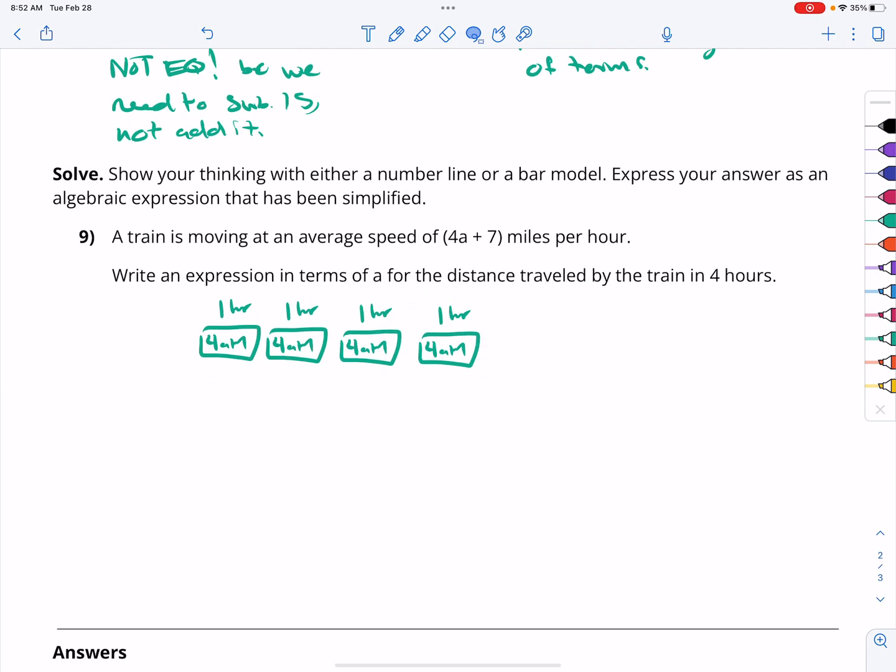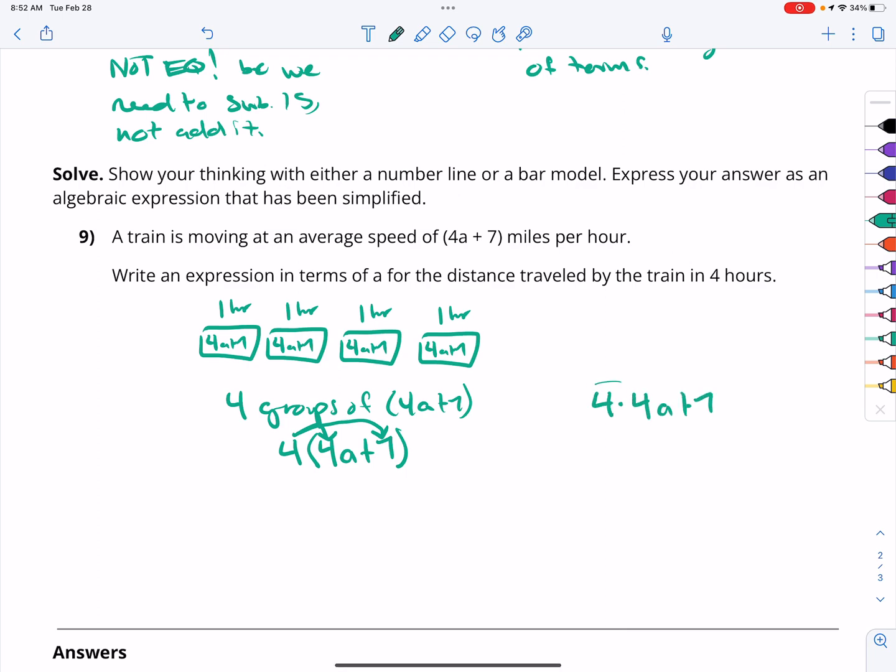So this looks like we have 4 groups of 4a plus 7. And I can write that as 4 times the quantity 4a plus 7, and then distribute that to both. So notice how important the parentheses are here, because if I only wrote 4 times 4a plus 7, I would only be finding 4 groups of that first term, but I also need to find 4 groups of that second term.